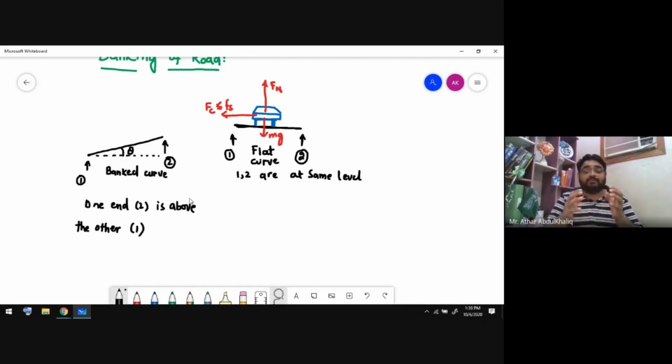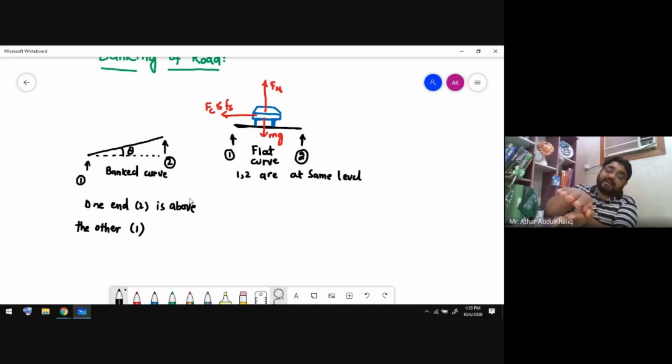Why? Because in this way, the car will already be provided some centripetal force. When the road is up, the car will feel a force toward the center of the curve. So that bank will provide this centripetal force even if there is no friction. If the curve is banked, there will be a centripetal force provided by the banking angle.